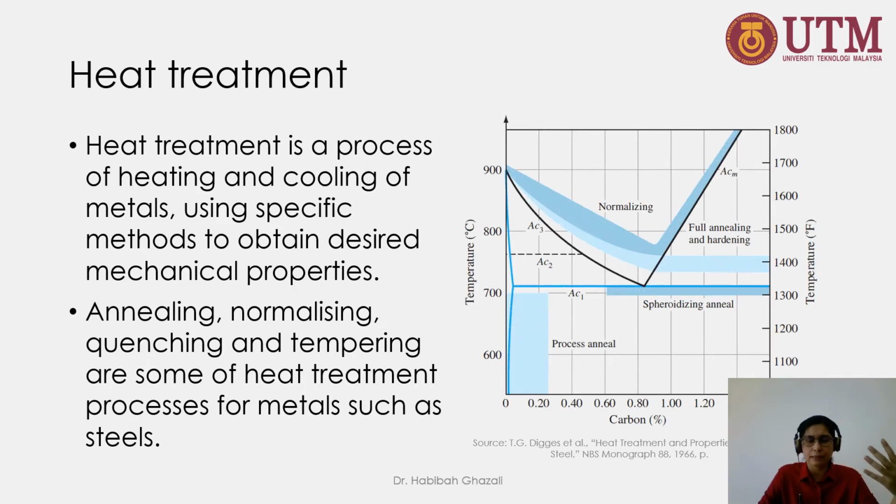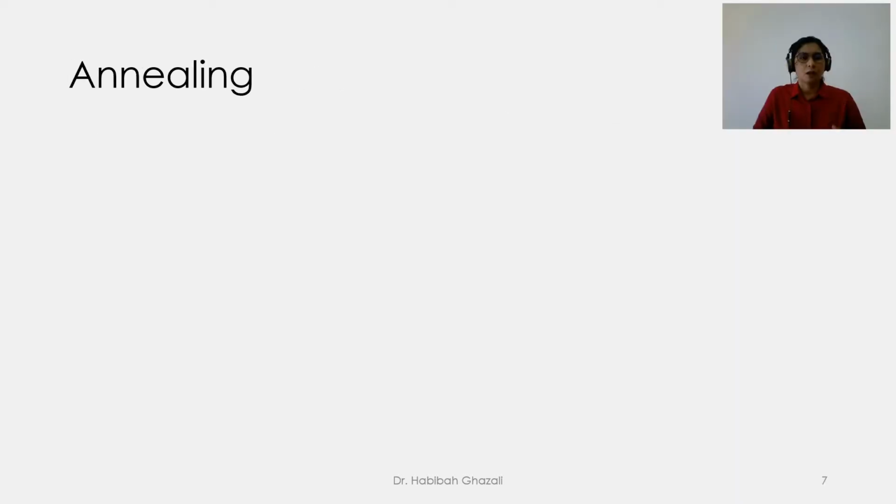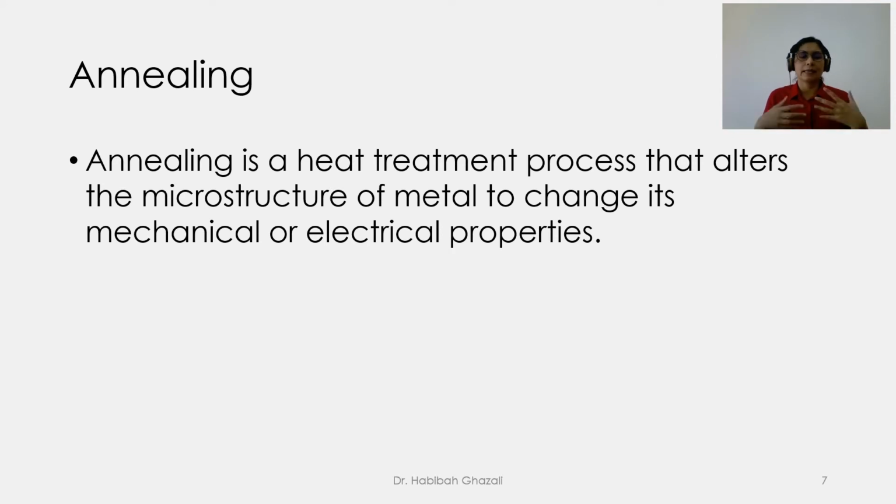For steel, the temperature to which we need to heat the metal in different types of heat treatment will be in reference to where the microstructure transforms in the iron carbon phase diagram. So let's begin with annealing heat treatment. It is a type of heat treatment that will alter the microstructure of metal to change its mechanical and sometimes electrical properties.